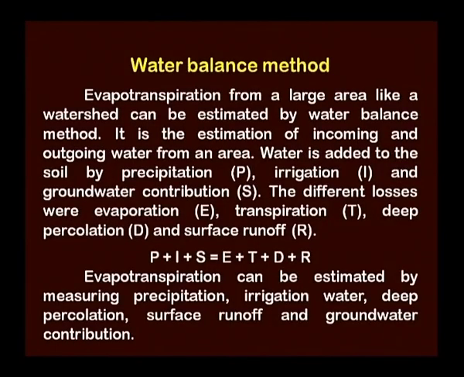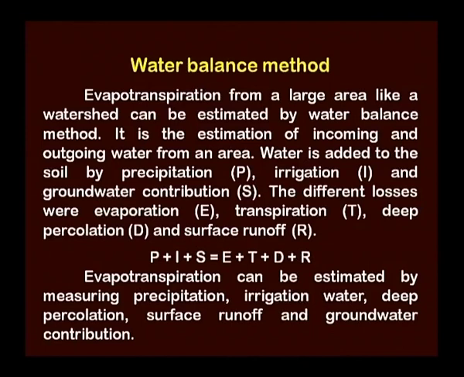Another method of determination of water requirement is the water balance method. Evapotranspiration from a large area like a watershed can be estimated by water balance method. It is the estimation of incoming and outgoing water from an area. Water is added to the soil by precipitation, irrigation and groundwater contribution.